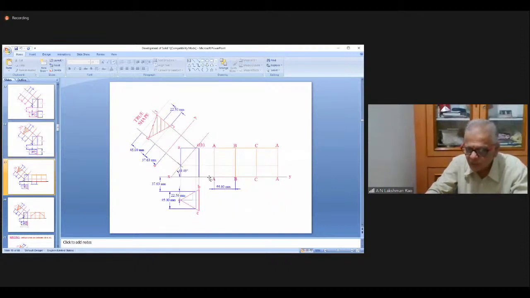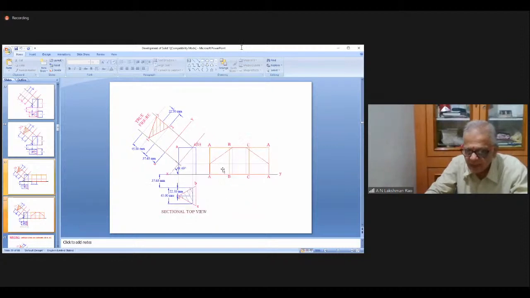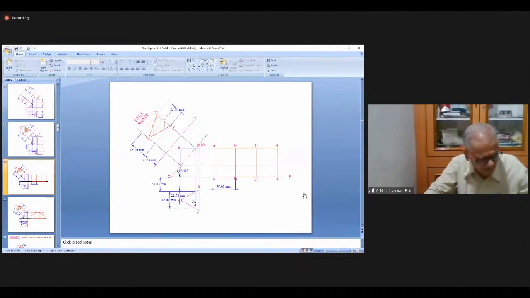Similarly, again I go to the development. Mark A, B, C, A. Now, I have to mark the 2, 3. I have marked here 2, 3. These lines, see. The lines are there, no?